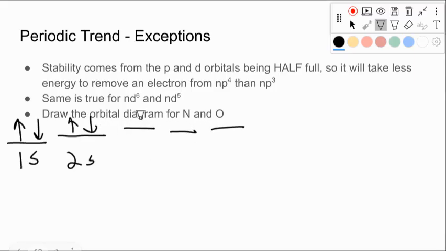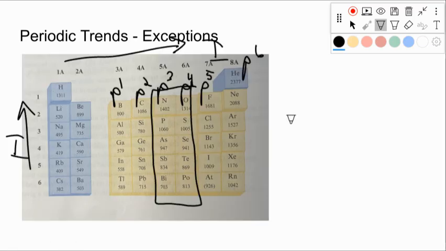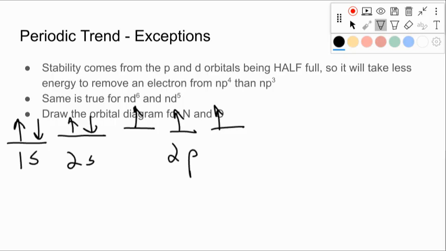I'm going to raise it up just a little bit more. And nitrogen is going to be 2p3. So I go 1, 2, 3. If I look back at this value here, it tells me nitrogen is 1402. And this is going to be ionization energy in kilojoules per mole. So this one is nitrogen.